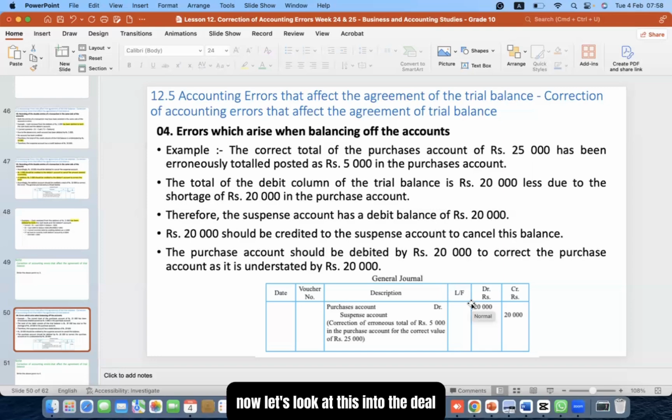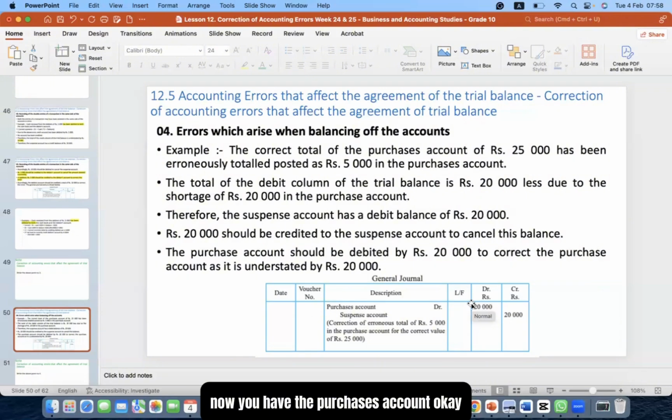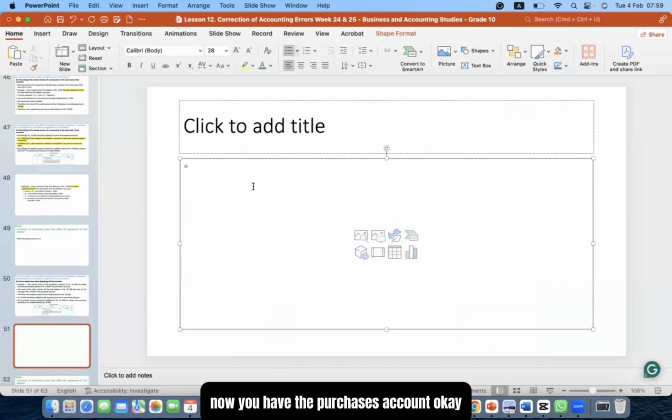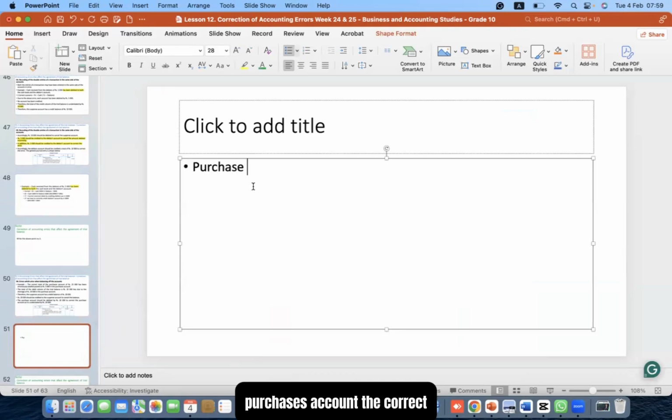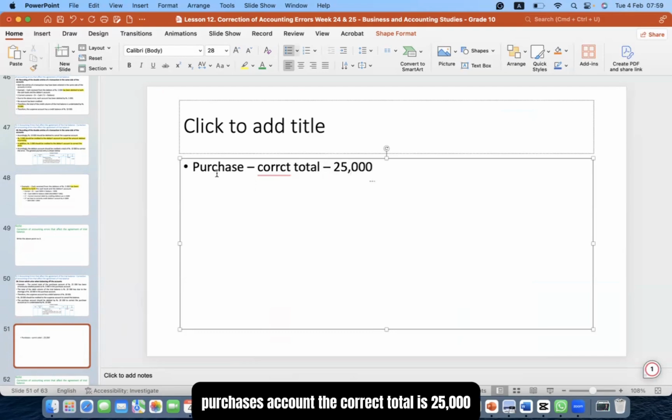Now let's look at this in depth. You have the purchases account. The correct total is 25,000.